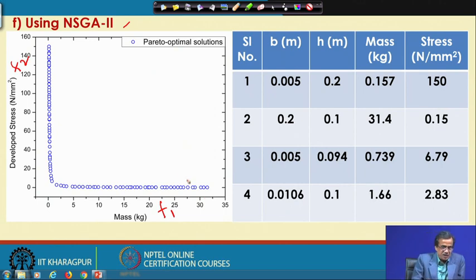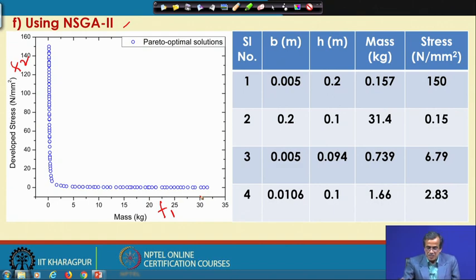Now, on this Pareto optimal front, we have got a number of possible optimal solutions. The user can select any one out of these large number of solutions lying on the Pareto optimal front according to his choice.